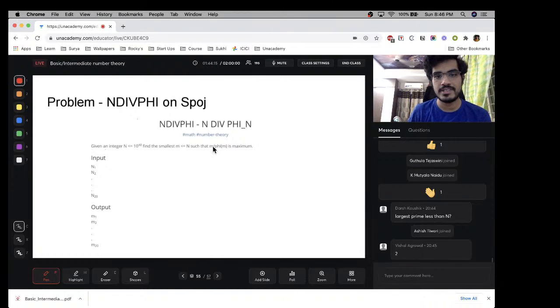So what is m by phi of m? We just learned that phi of m is equal to m into 1 minus 1 by p1, and so on up to 1 minus 1 by pk.